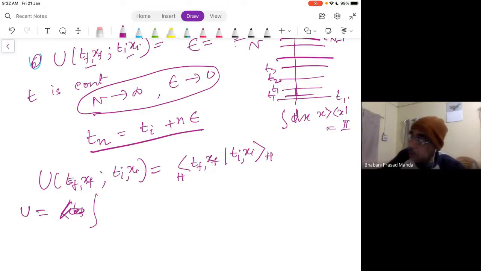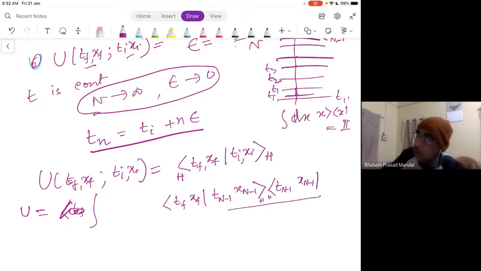So let me write. There will be some integration. Here Tf xf, then I insert Tn minus 1 xn minus 1, and Tn minus 1 xn minus 1 in the Heisenberg picture. This completeness relation I put with dx n minus 1.